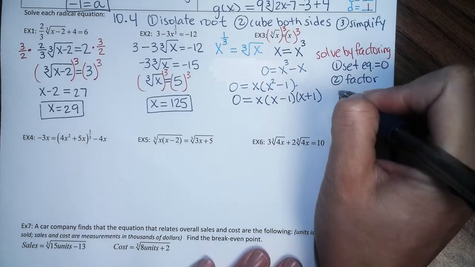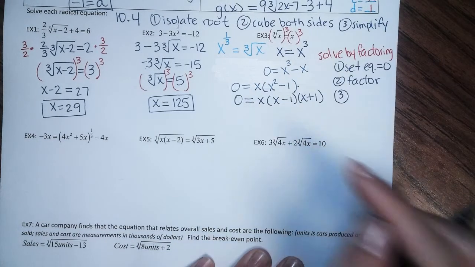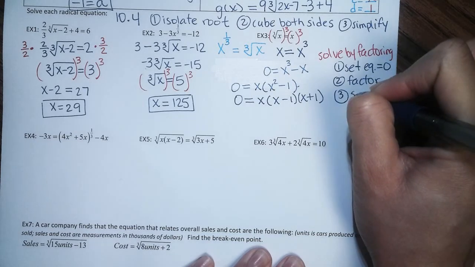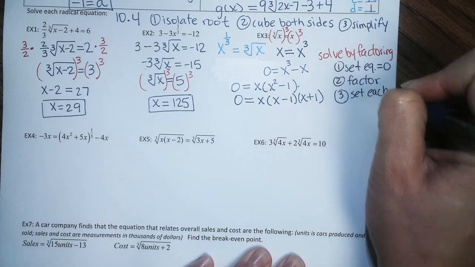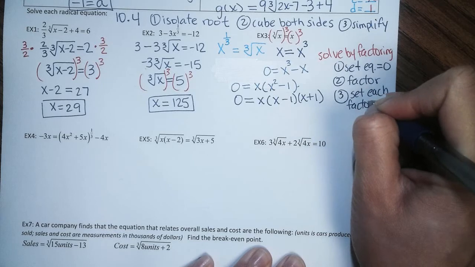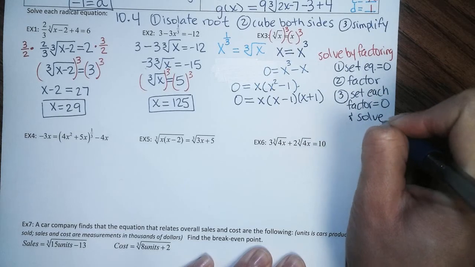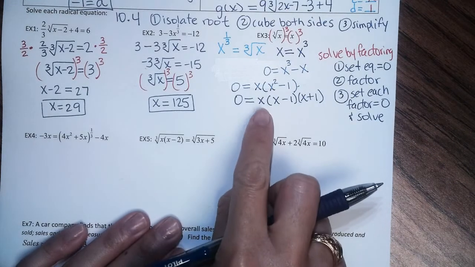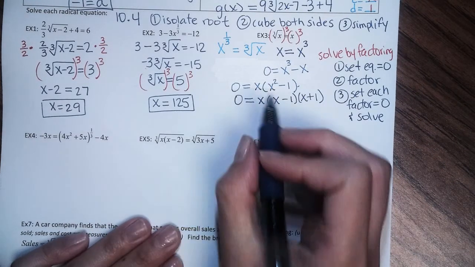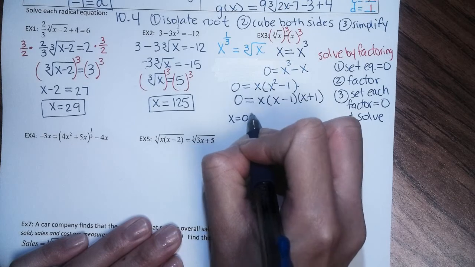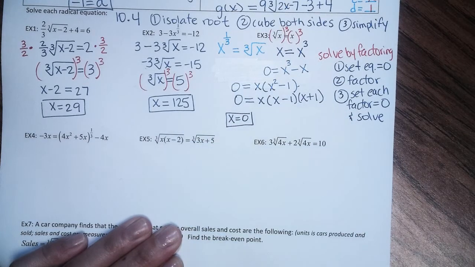Step 3, set each factor equal to 0 and solve. My first factor is x, so x equals 0. The good thing is that that's already solved.